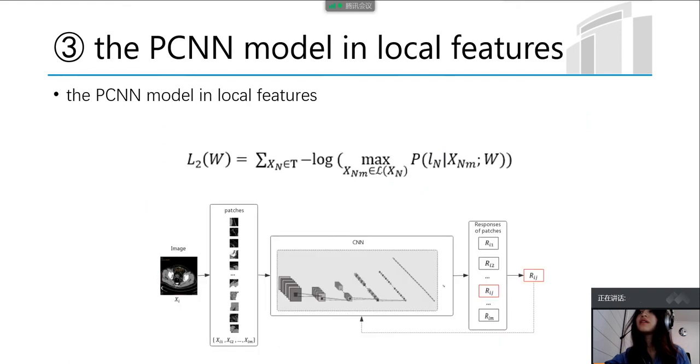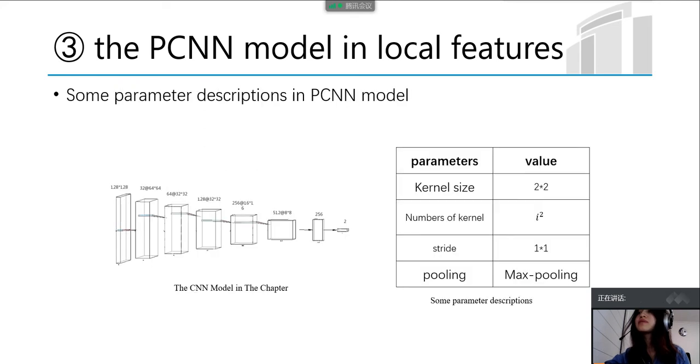The PCNN model is used to extract the local features. L2 is the loss function of PCNN. Afterwards, we insert the patches dataset into our CNN model to obtain the optimal patches feature set.